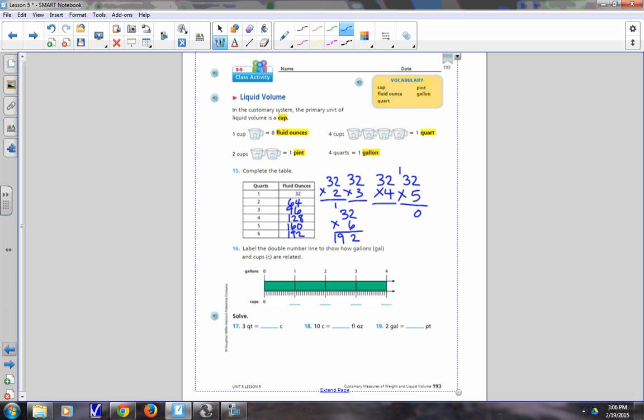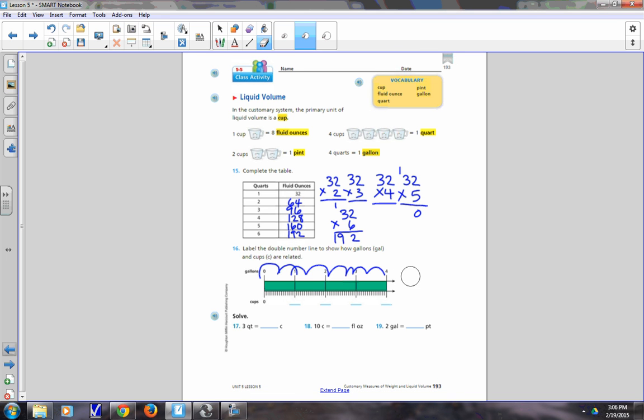Now this number line down here is kind of our kingdom of gallon. This right here is the kingdom of gallon. And then this is another kingdom of gallon. And then this from 2 to 3 is another kingdom of gallon, and then another. So there's 4 kingdoms here. And it wants to know how many cups are in 1 gallon. Well, if I needed to look, I can look at my kingdom.